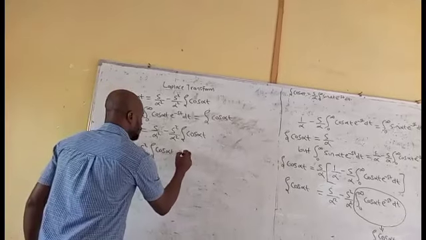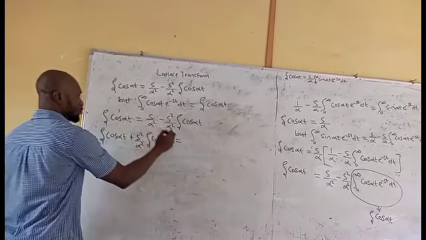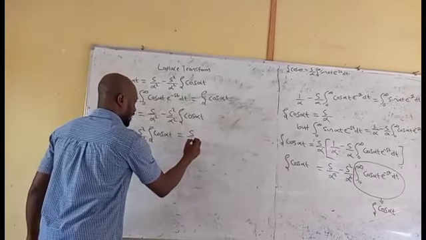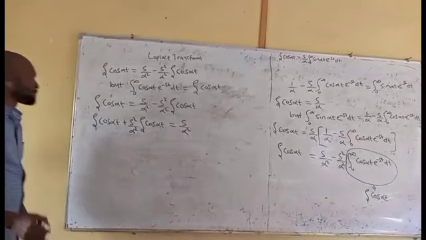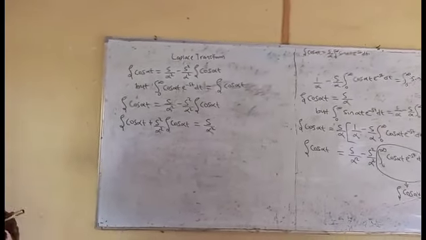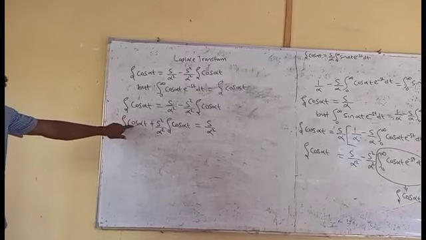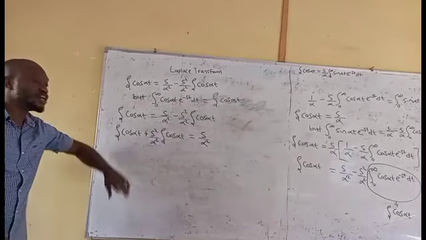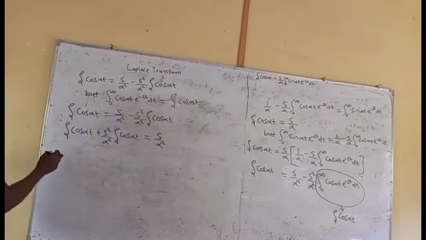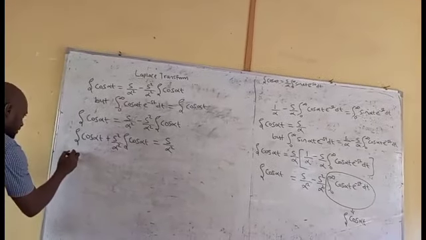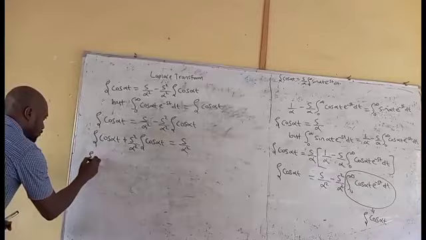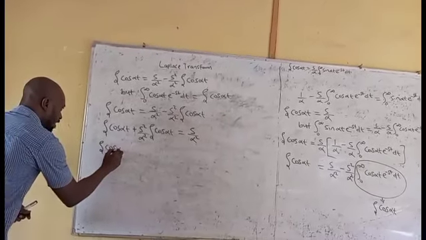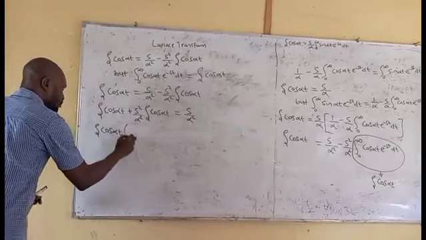So everything is still equal to x over alpha squared. You understand? Now I have the Laplace transform of cos alpha t, and another Laplace transform of cos alpha t, so I will factorize. If I factorize, I will have the Laplace transform of cos alpha t in a bracket.